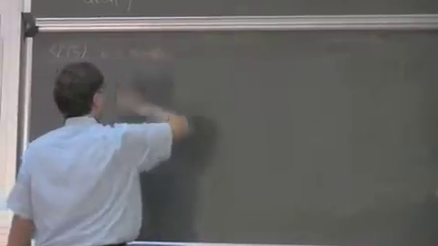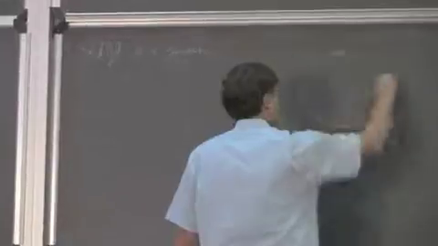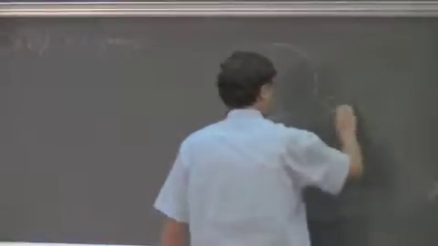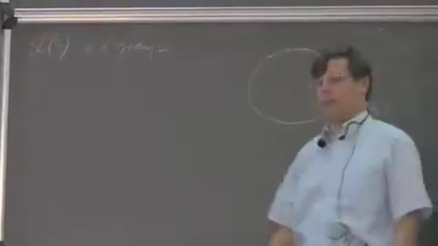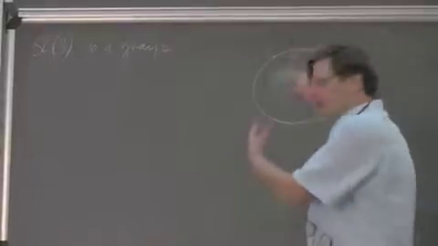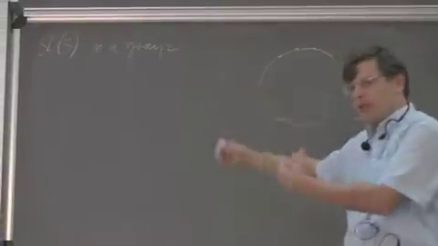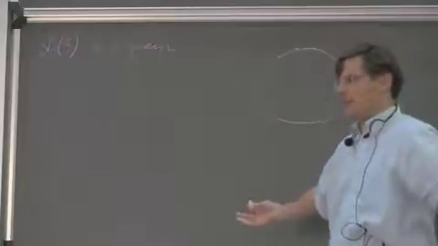and I tried to draw a picture. The picture is, this is SL3. All elements here, the constraint is the determinant is equal to 1. Of course, these are 3 by 3 matrices which are embedded in all 3 by 3 matrices.